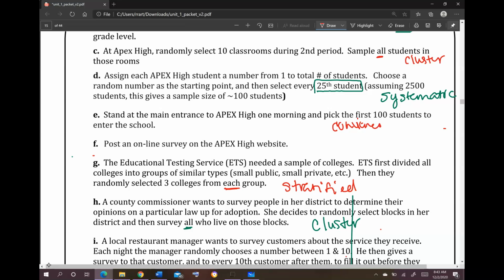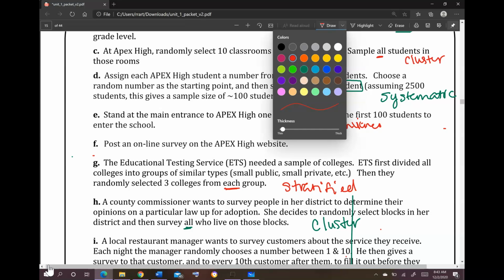Now, F, you post an online survey on the Apex High website. Well, that's not random, because what if somebody doesn't log into the website like another person does? It's also not put into groups, so it's not cluster or stratified. They're not emailing every 10th person, so it's not systematic. So again, this one is convenience.